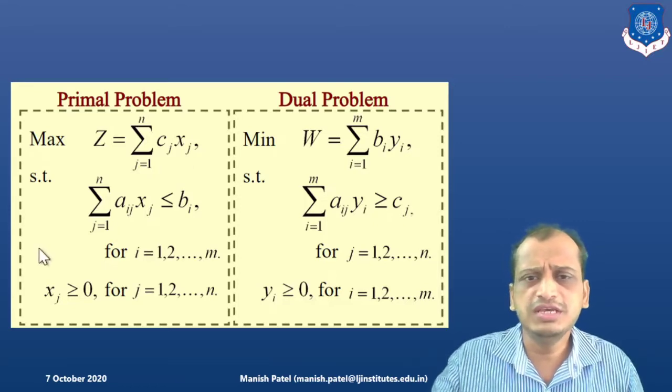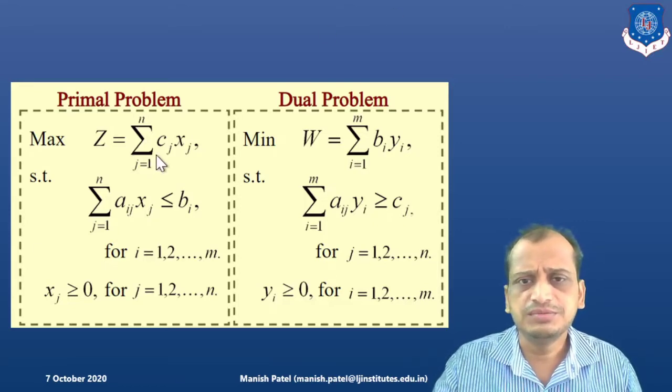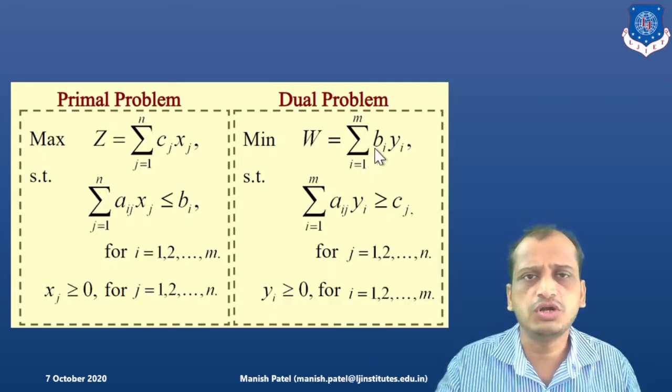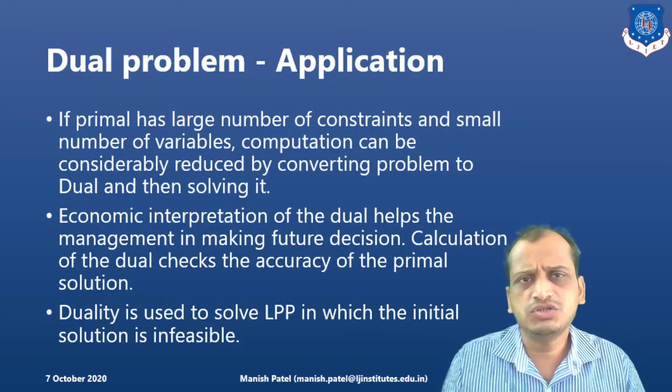If you carefully see here, the cj, which was the coefficient in the objective function, becomes the RHS of the constraint. In the same fashion, the RHS from the primal problem becomes the coefficient in the objective function of the dual problem.